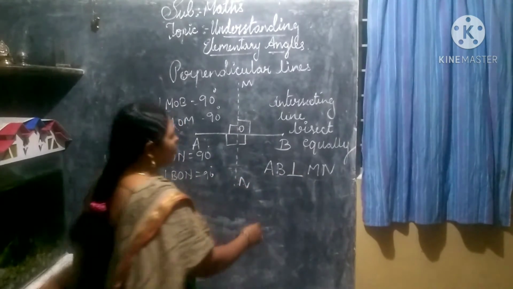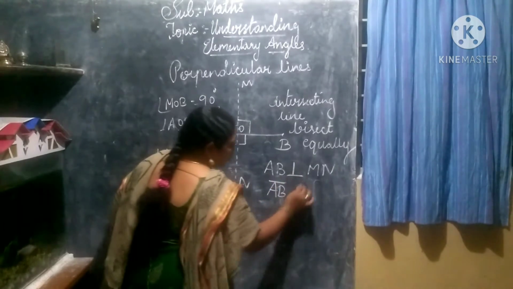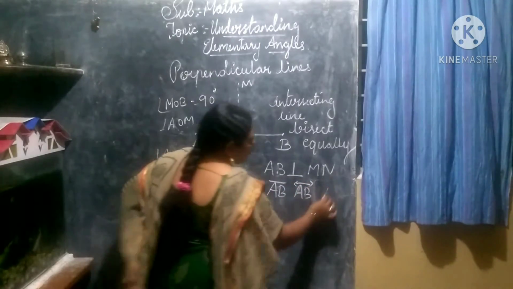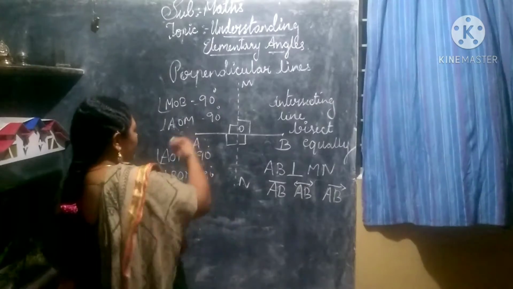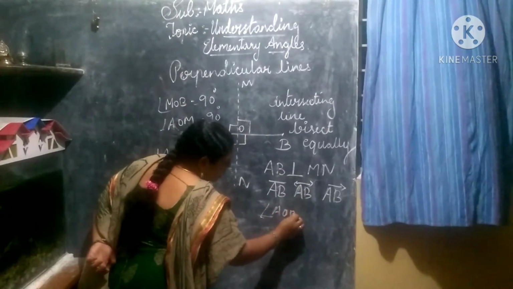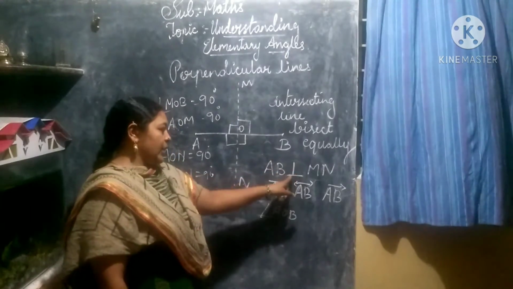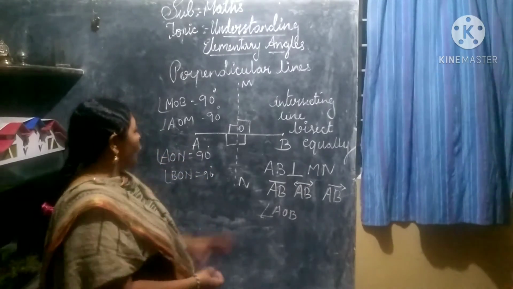So we know the symbol of a line segment, right? We put a dash. For a line, we give arrows on both sides. For a ray, we give it on one side, and for an angle, we write angle AOB. Similarly, for perpendicular, we give a reverse T. I would like to define it once again.